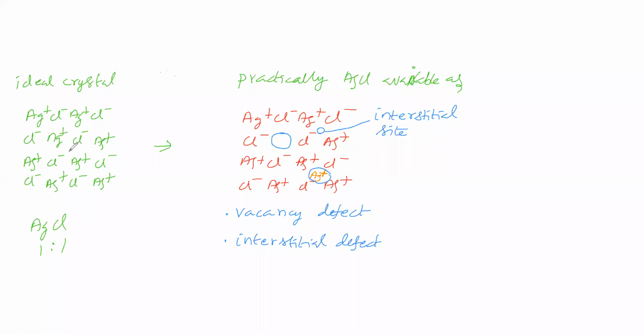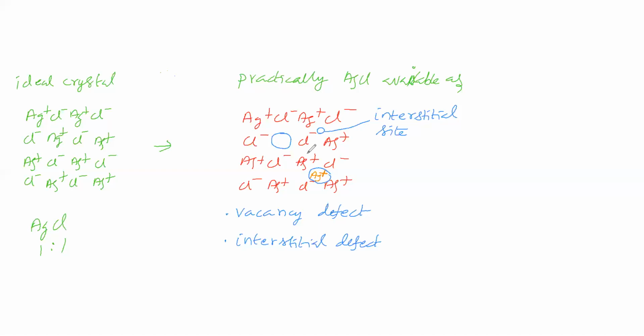In the practically available AgCl crystal also, all interstitial sites are vacant, but this interstitial site contains Ag+.